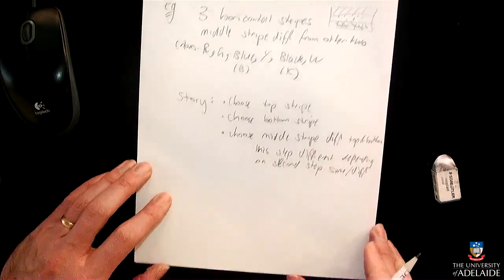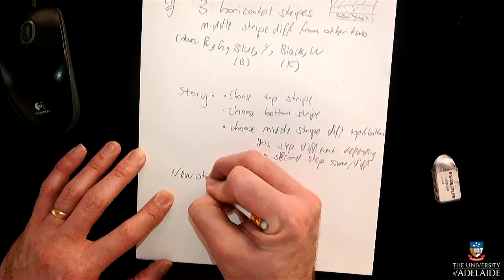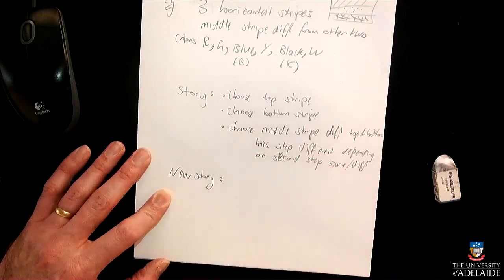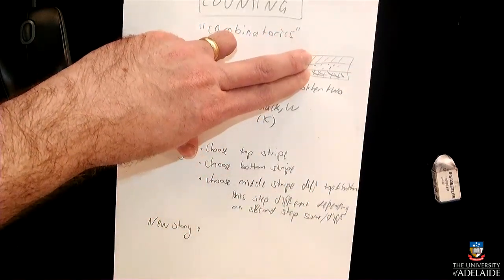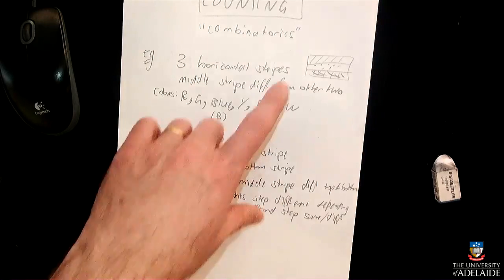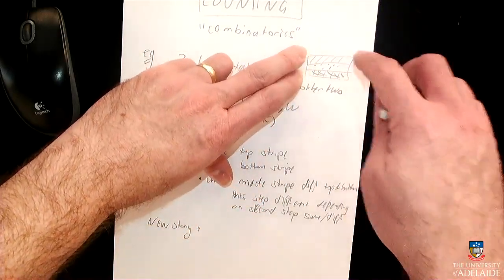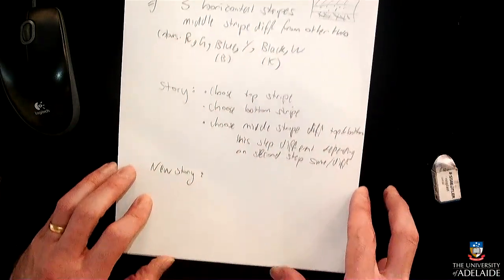Okay, so it looks like our story should actually be: choose whether these 2 are the same or not, and then choose what they're going to be, and then choose the 3rd colour. Or even better, just choose whether there's going to be 2 the same and 1 different, or all 3 different. Okay. New story.